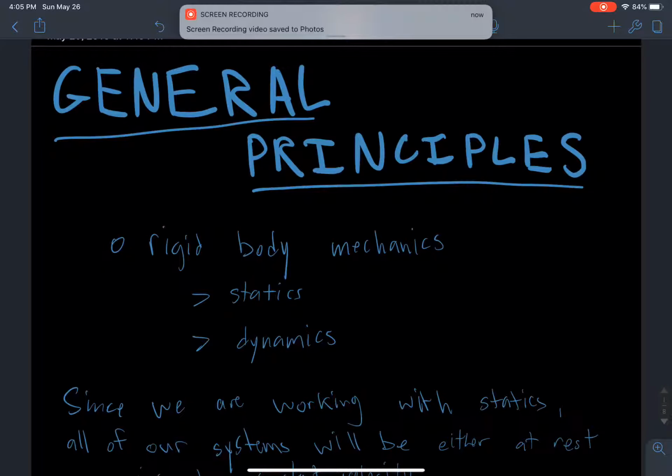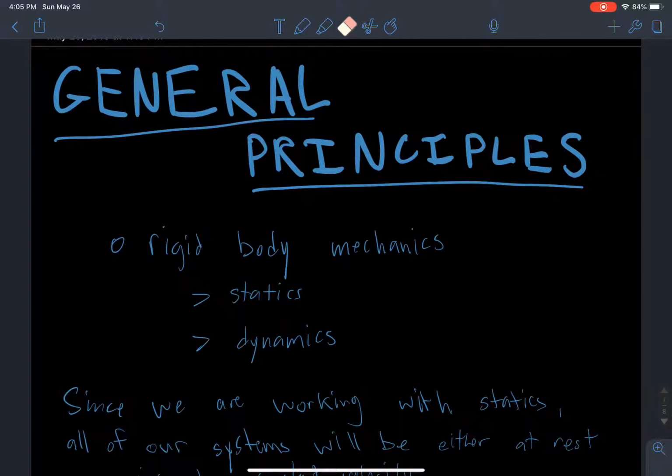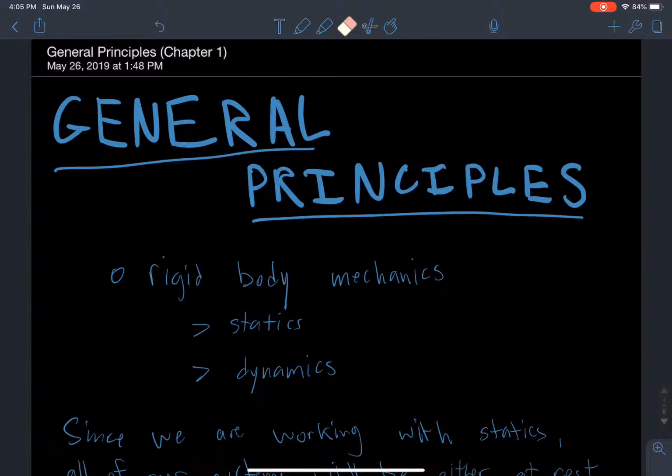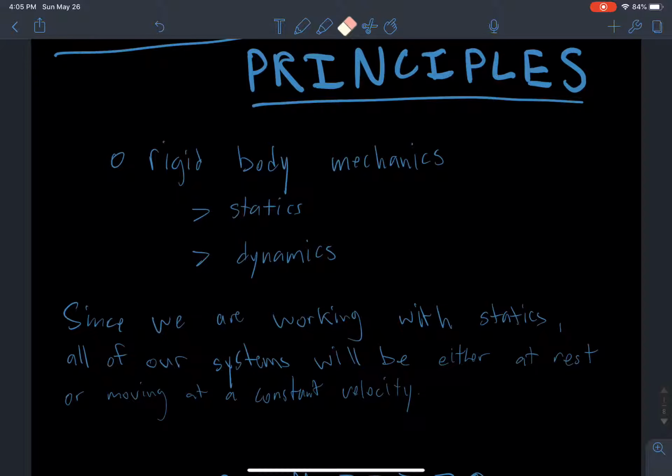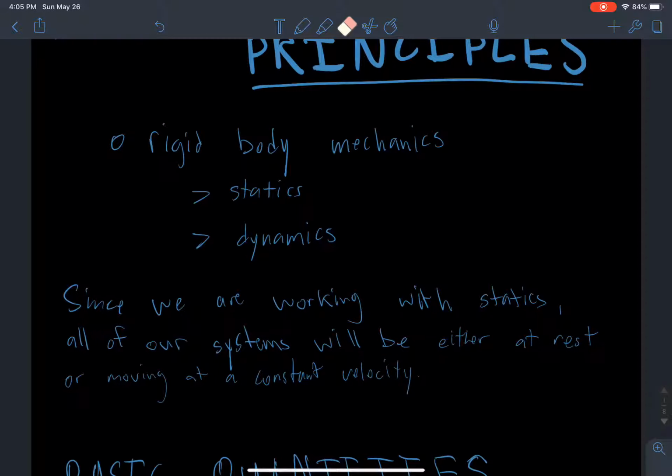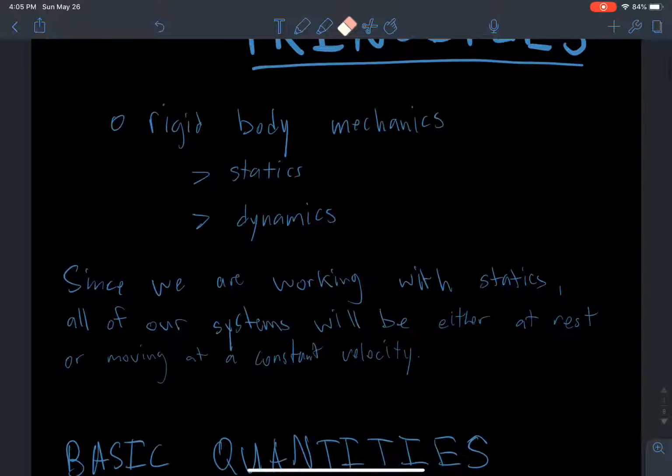Hey, welcome back. Today we're going to be going over some general principles of statics, and these are statics principles that are going to be the chapter 1 material for most statics textbooks, most introductory mechanics textbooks where it's statics and dynamics, and statics is basically just a specific application of dynamics where there is no acceleration and therefore it is either moving at a constant velocity or it's not moving at all.